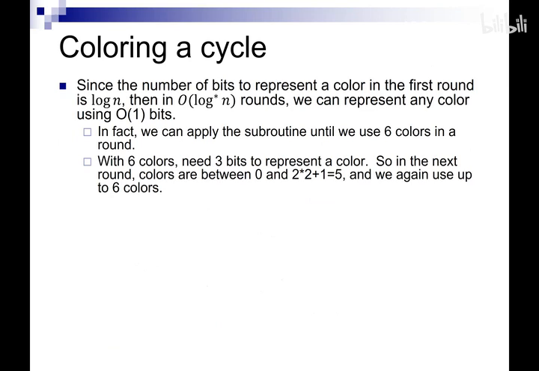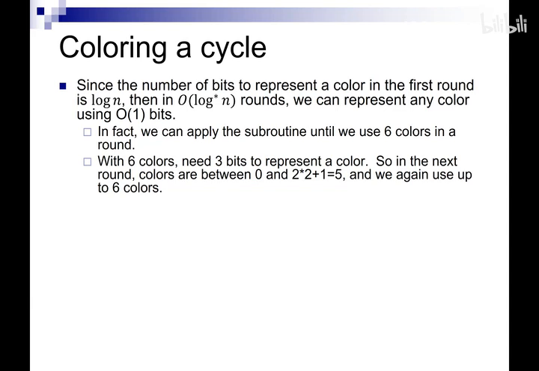And we know that initially in the first round, if we have n processes, then each process's initial color is just its ID. So the number of bits to represent the ID is just log of n.